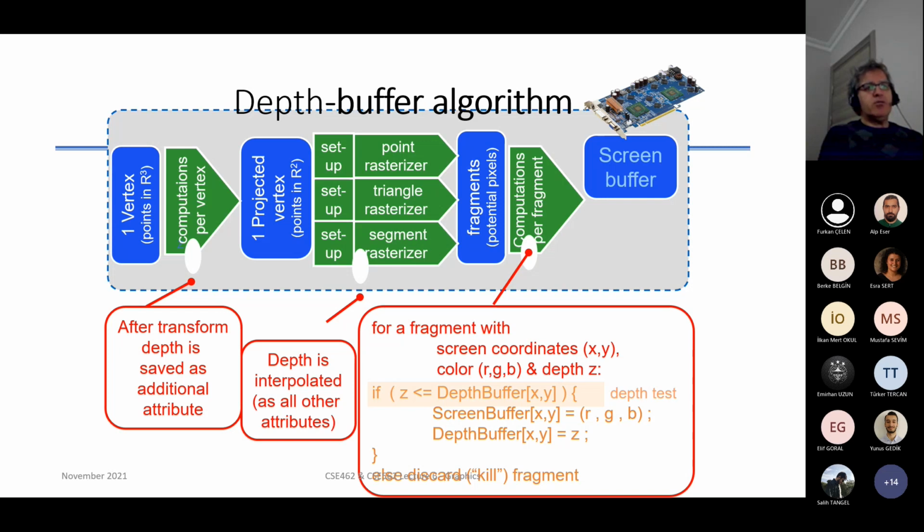So for each pixel now you have a depth buffer, and depth buffer will be updated with the depth of the object that you render or rasterize. So what you have now is, along with your screen buffer, you have a depth buffer, and this depth buffer is also quite important.